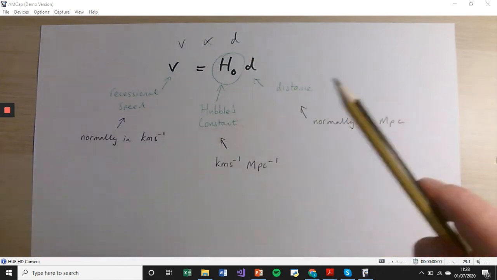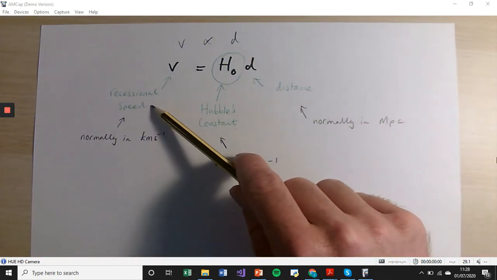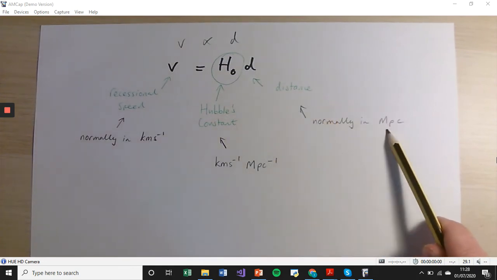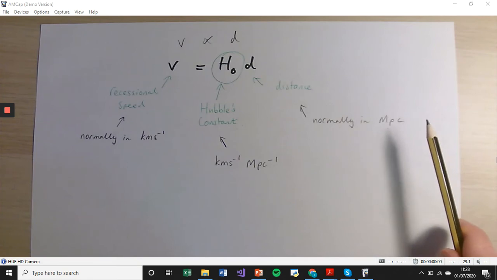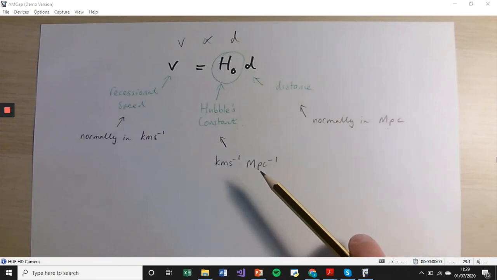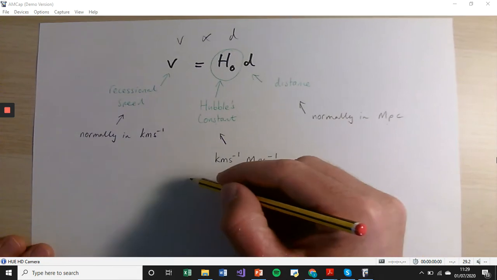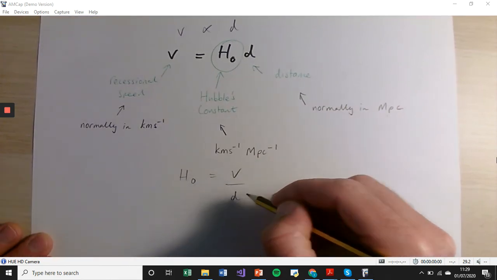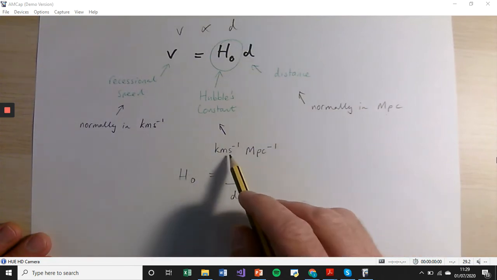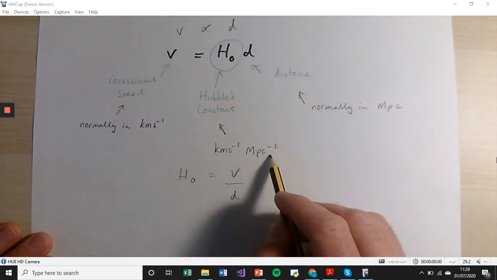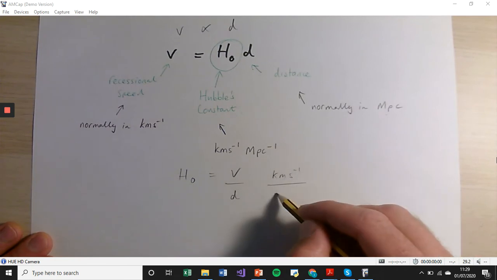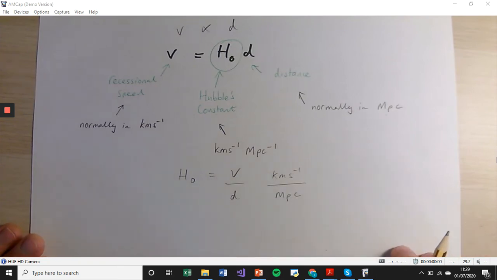So, like we said a minute or so ago, recessional speeds in kilometers per second, distance in megaparsecs, and that leaves us with the Hubble constant in really quite awkward units. Because if we rearrange that equation, H0 is v over d, it's going to be kilometers per second per megaparsec, which is not a nice unit.